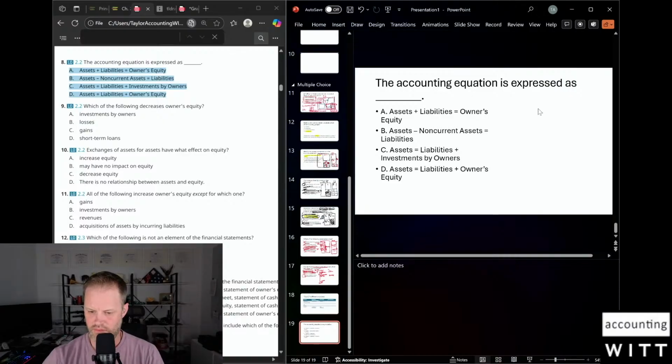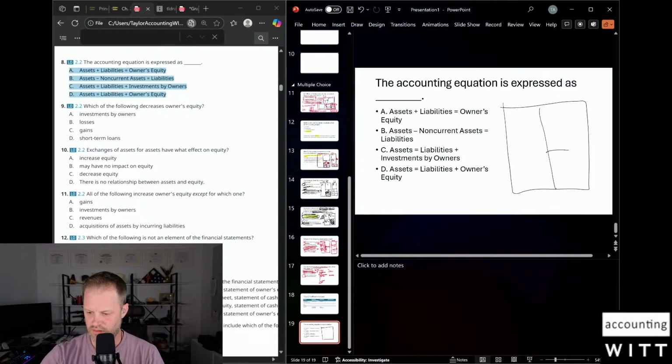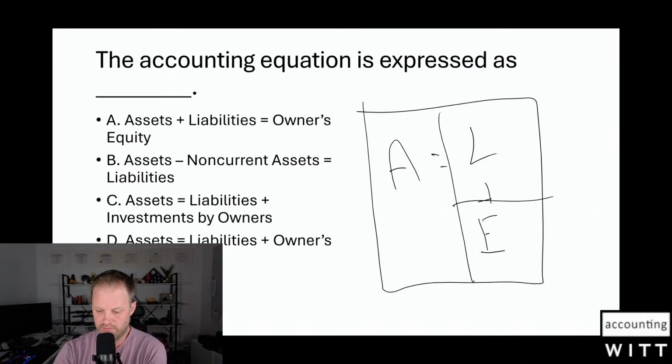Well, we know that assets equals liabilities plus equity. So if you were going to rearrange that, can this be arranged as assets equals liabilities plus equity? You could minus liability from both sides. So assets, no, that's not what that is.